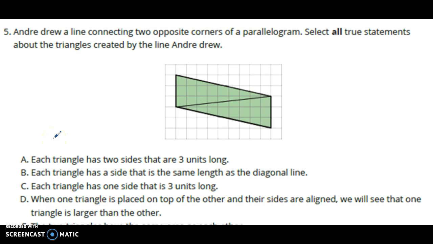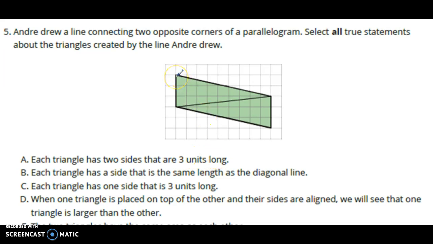5. DeAndre drew a line connecting two opposite corners of a parallelogram. Select all true statements about the triangles created by the line that DeAndre drew. Once again, I want you to pause and try this one on your own. Press play when you're ready to review. So A says each triangle has two sides that are 3 units long.